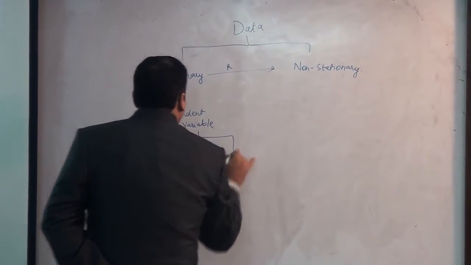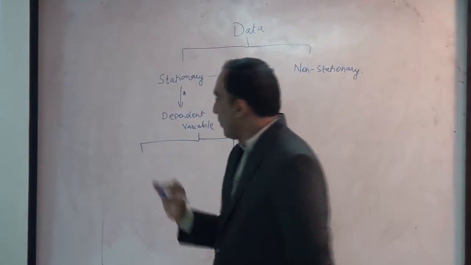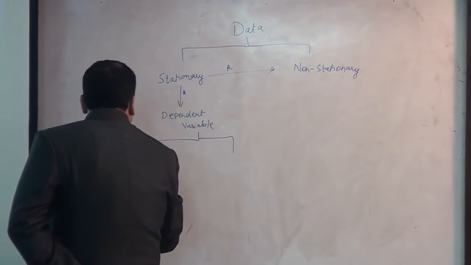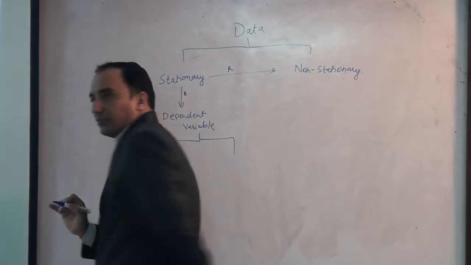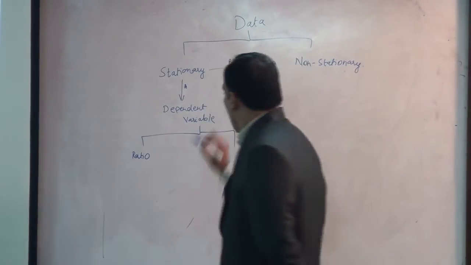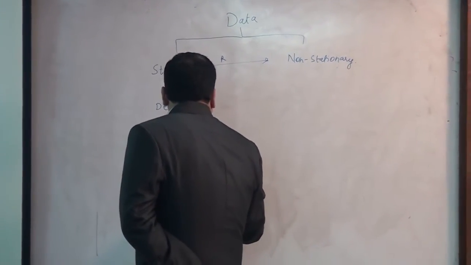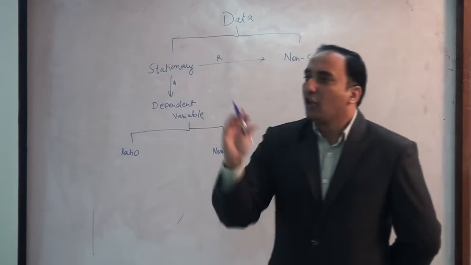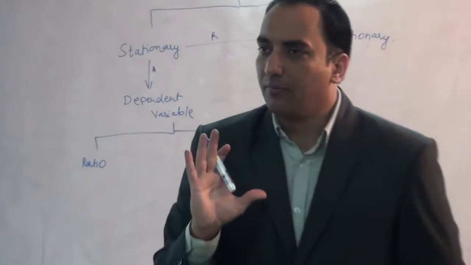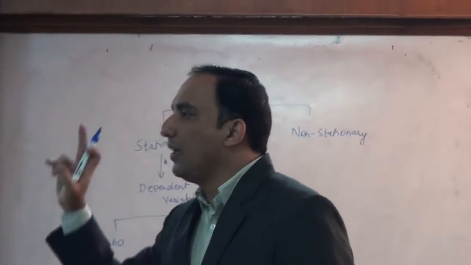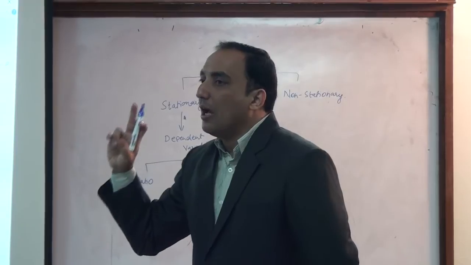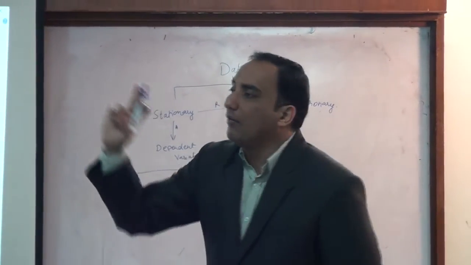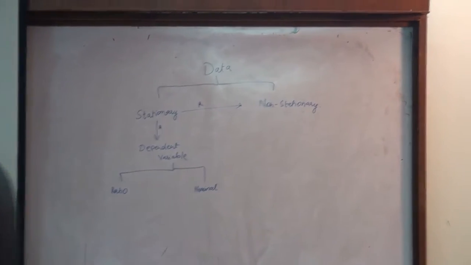My dependent variable can be of 2 types. One is a ratio and one is a nominal. Nominal simply means dummy. We had talked about dummy variables, but we were talking about when the dummy variable is an independent variable.